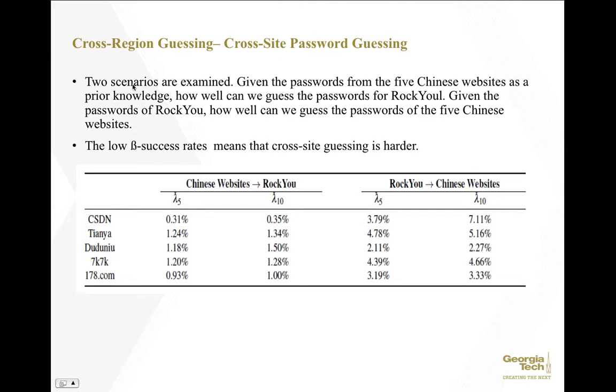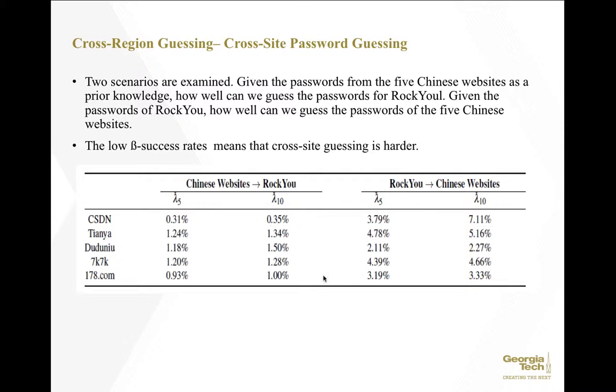Also, these two scenarios are examined. Given the passwords from the 5 Chinese websites and the prior knowledge, how well can we guess the passwords for rock2u? And given the passwords of rock2u, how well can we guess the passwords of the 5 Chinese websites? Remember this gamma: a smaller value means the password is hard to crack.